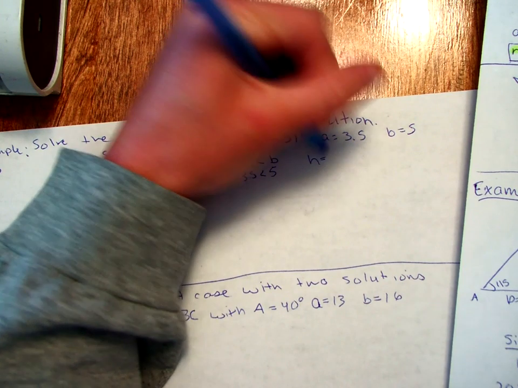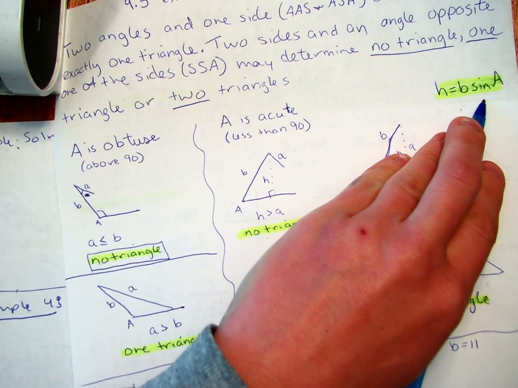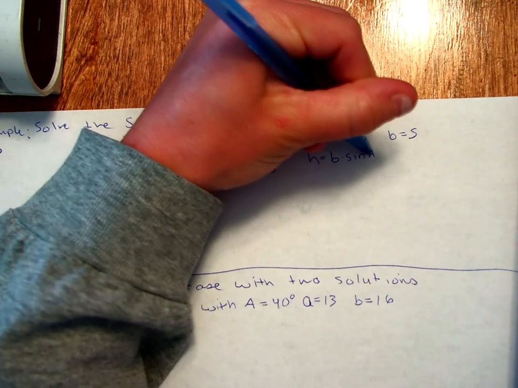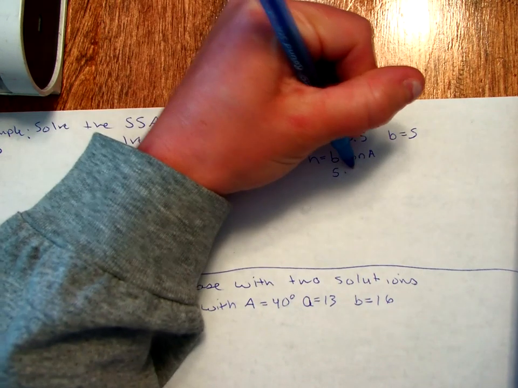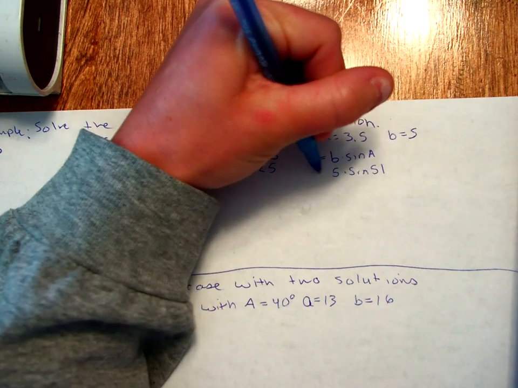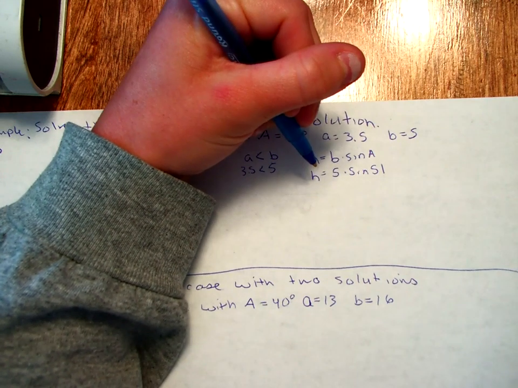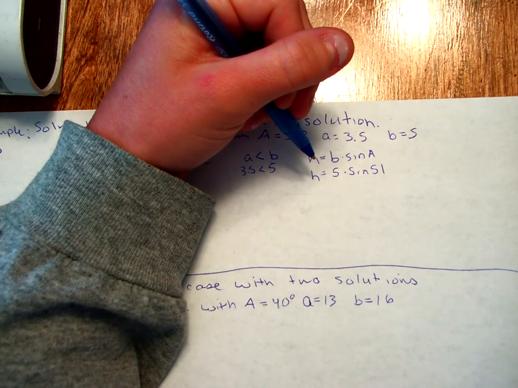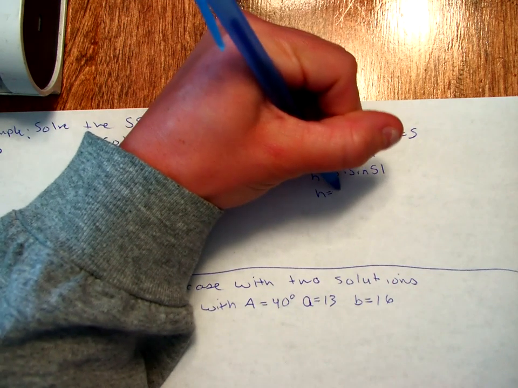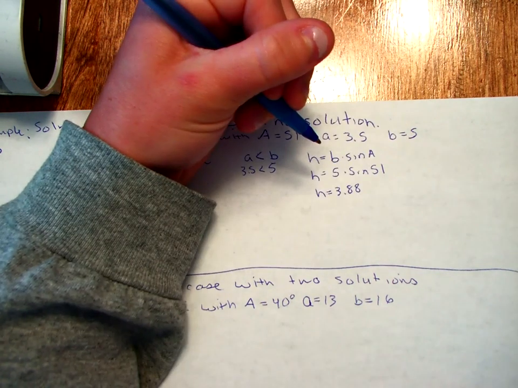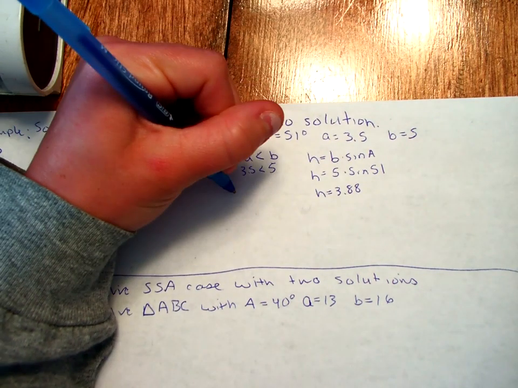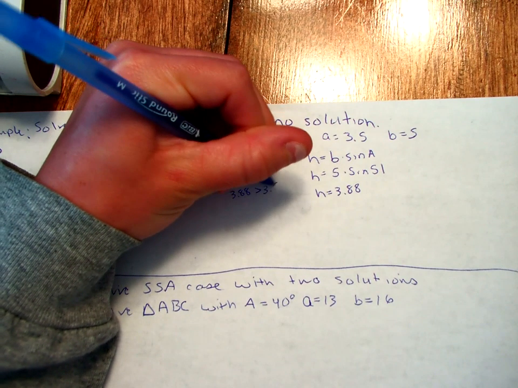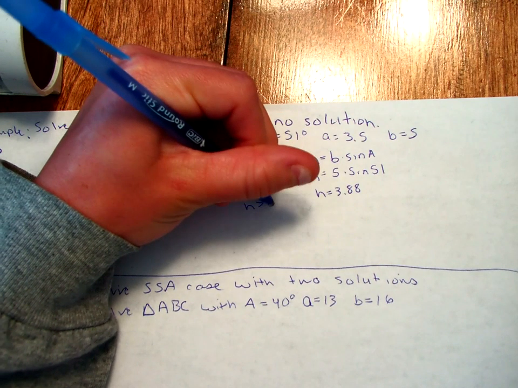To find H, remember you do H equals B times sine of A. B is 5, sine of 51. 5 times sine of 51 equals 3.88. So now 3.88 is greater than 3.5, or H is greater than A.